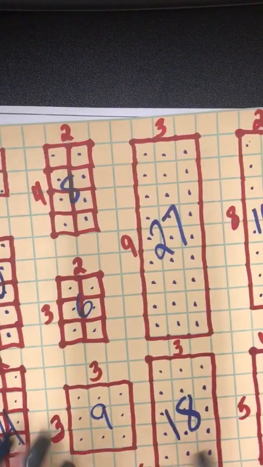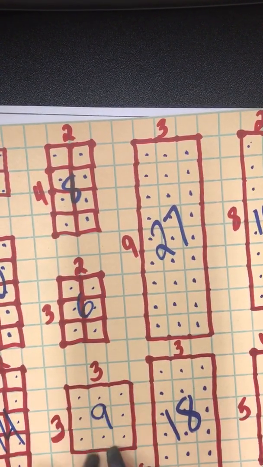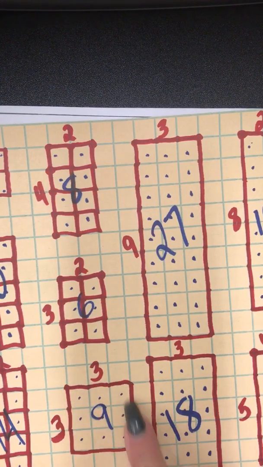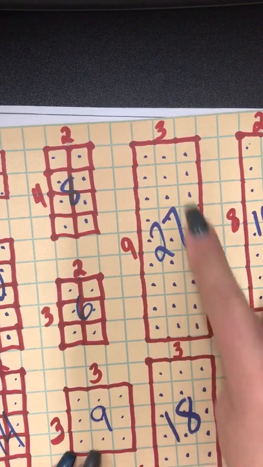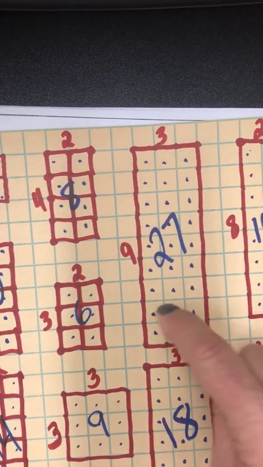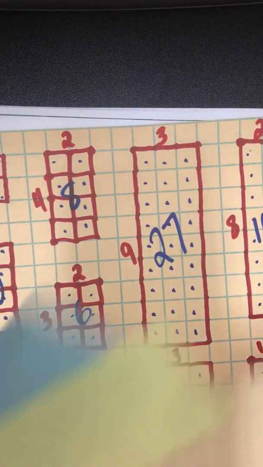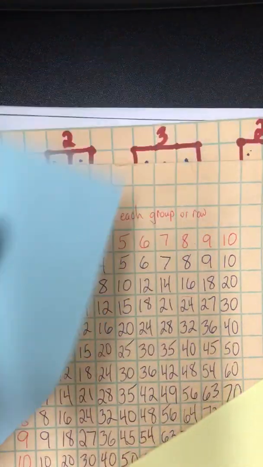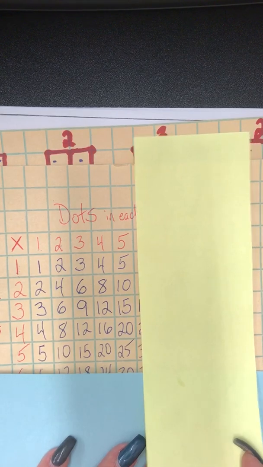Then we moved on and we started not outlining all the little squares on the inside. We just did the squares and the rectangles on the outside. And then we used the lines that were naturally on the graph paper to help us count, just to double check ourselves. So we used our multiplication chart. We're learning how to use this so that we can find the answers to our multiplications.